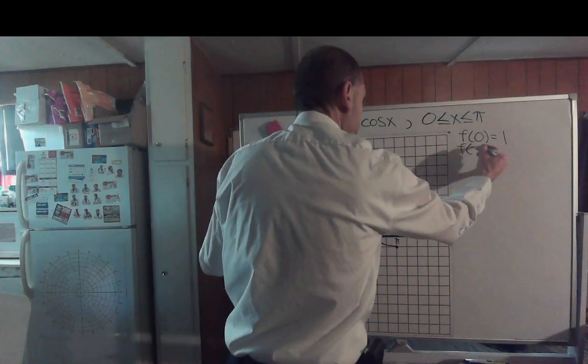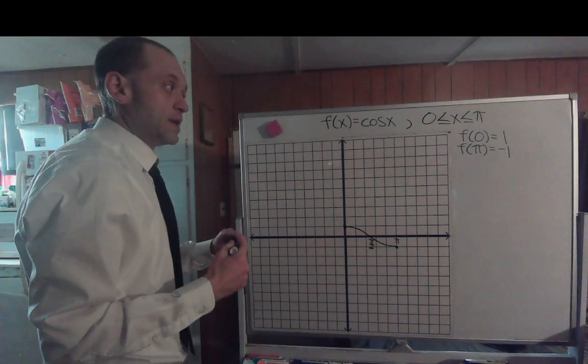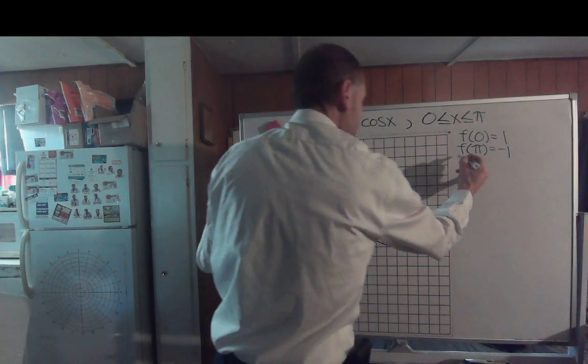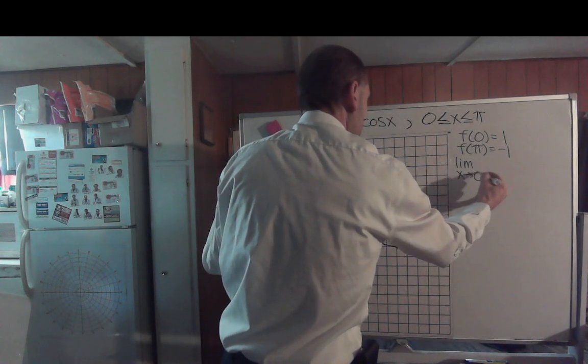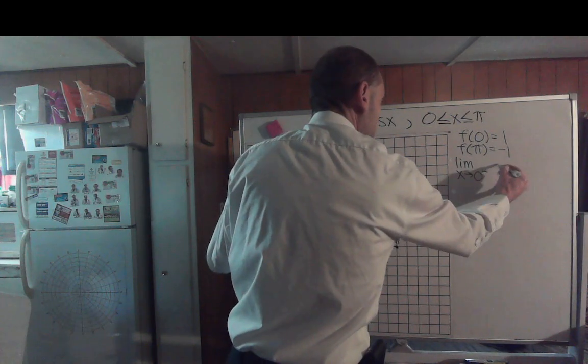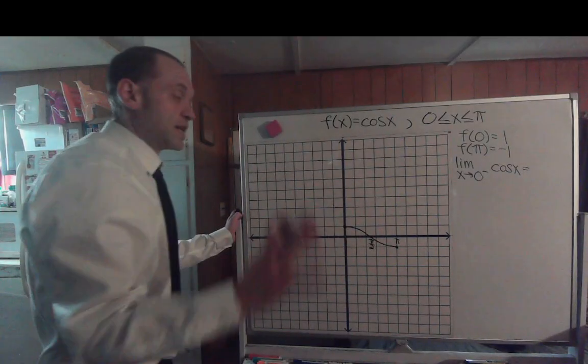We can take f of pi. We know the cosine at pi is -1. So we got our function values at the endpoints. But let's take the limit as x approaches 0 from the left of the cosine of x in this particular case.